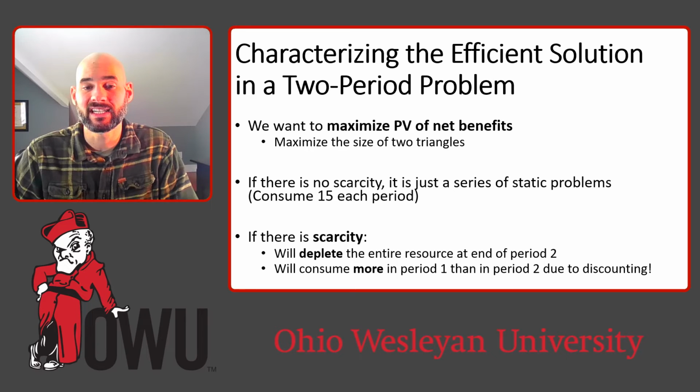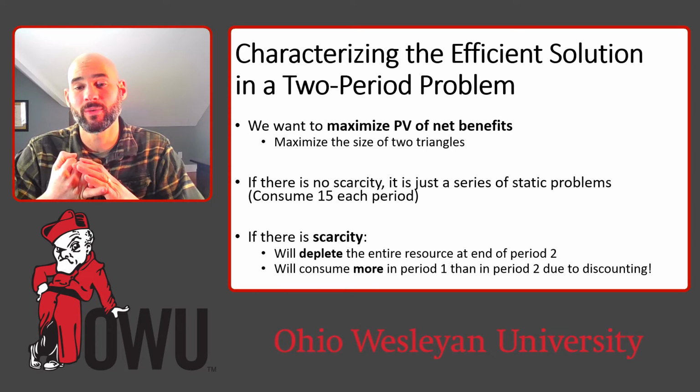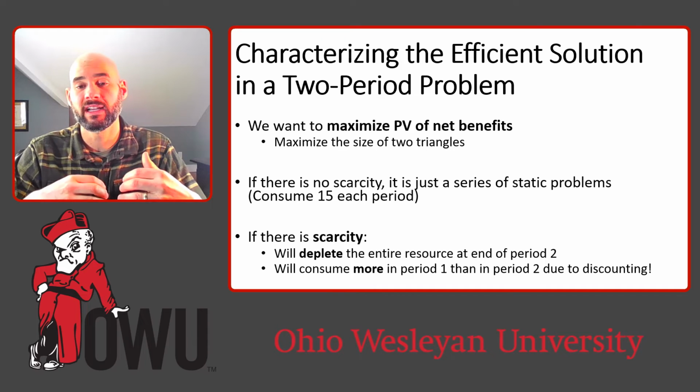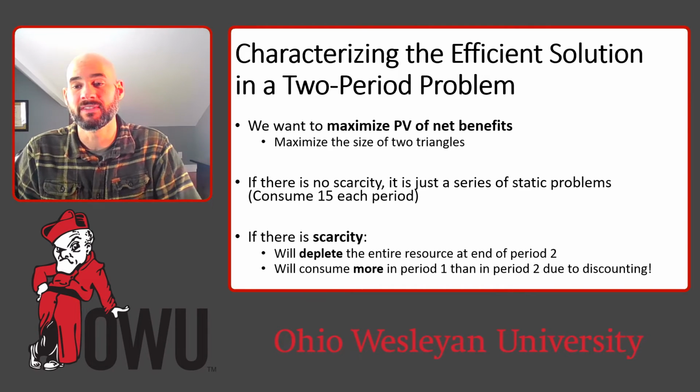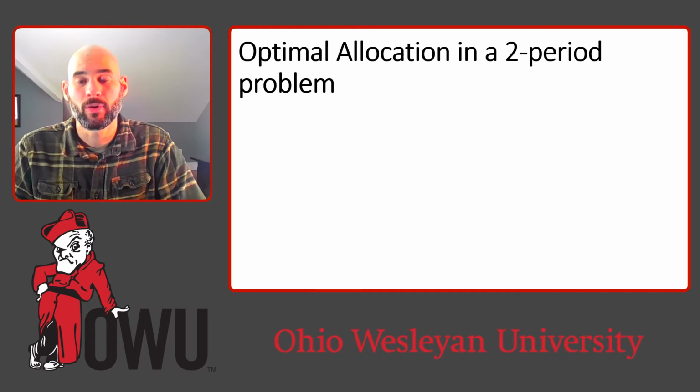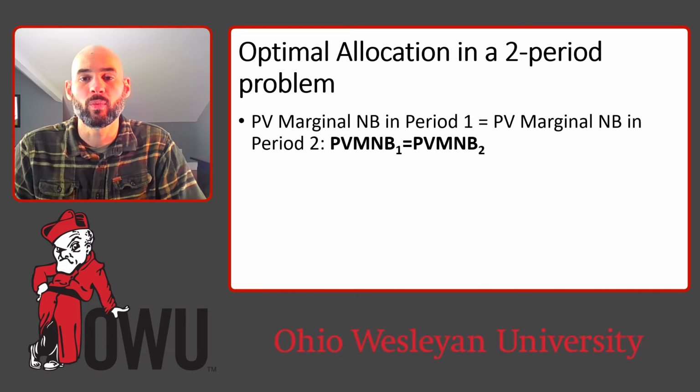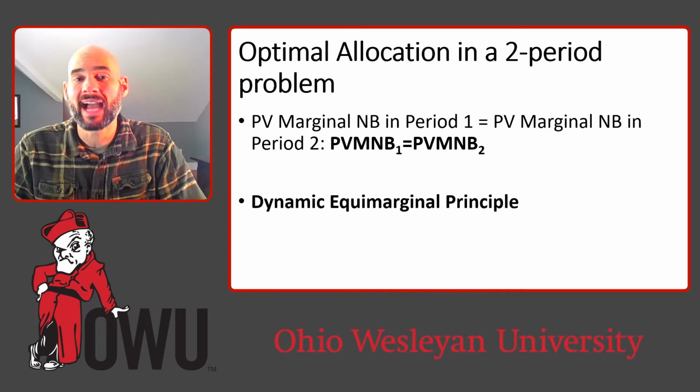But if there is scarcity, we just know that the nature of this problem is going to result in depleting the entire resource at the end of all time periods and consuming more in the present time period than in the future due to positive discounting. So we set these two curves equal to each other as a way of maximizing our total net benefits.